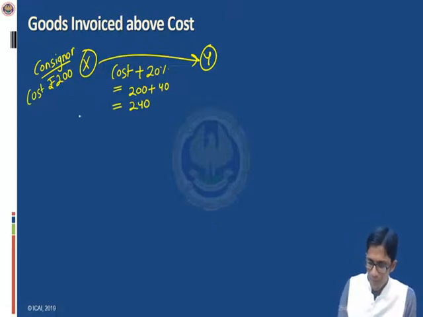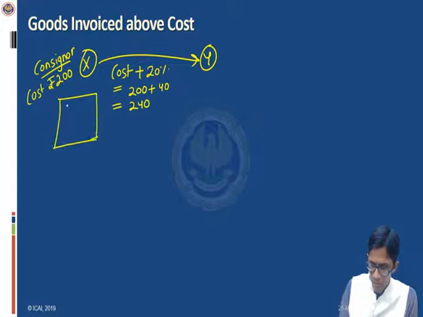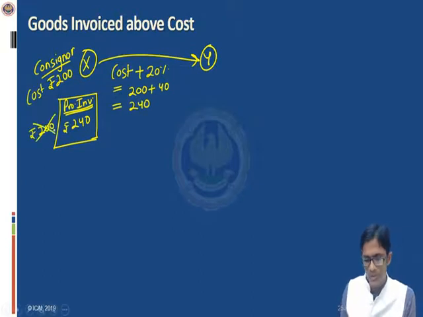I mean to say that when X prepares the pro forma invoice, the pro forma invoice is raised at rupees 240 rather than rupees 200. Is it okay?